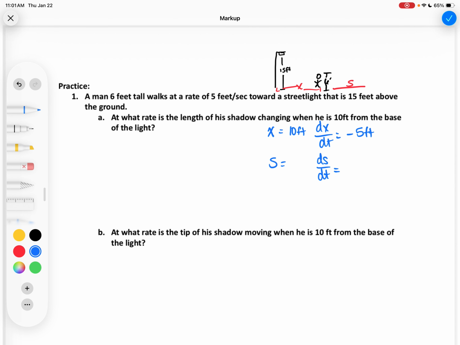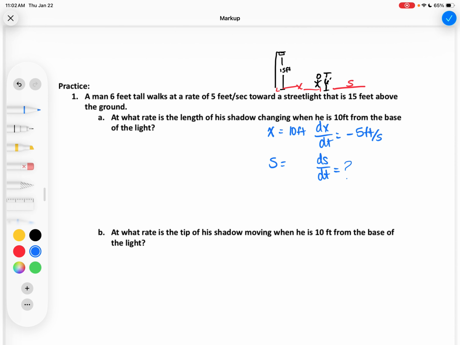So if you drew him going to the right, it would just be positive? Yeah, basically. Your final answer will just shift a little bit based on the direction you put on there. But essentially, he's going toward the light, and we're going to look at his shadow changing. So ultimately, I am finding this ds dt value here.